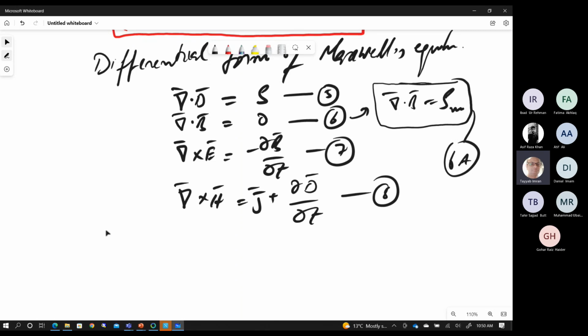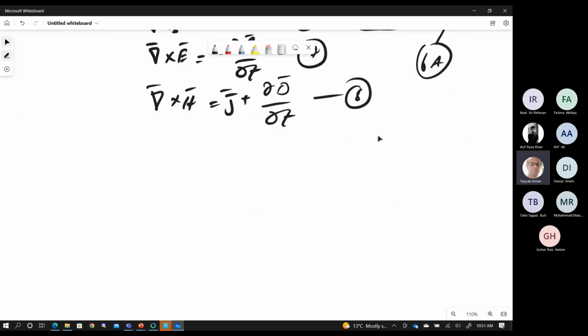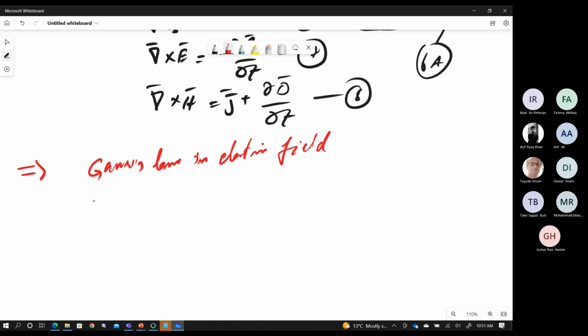Now if we compare both, writing these equations side by side, the integral form and the differential form, it will be like this. First thing, Gauss's law in the electric field. On this side I'm writing the differential form, and on this side I will write the integral form.